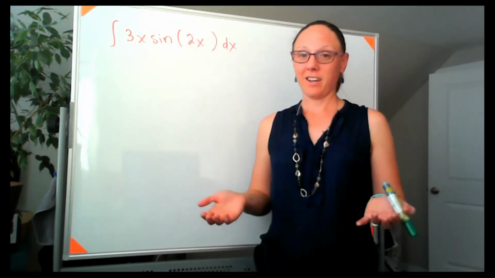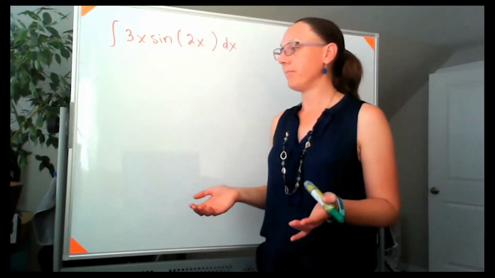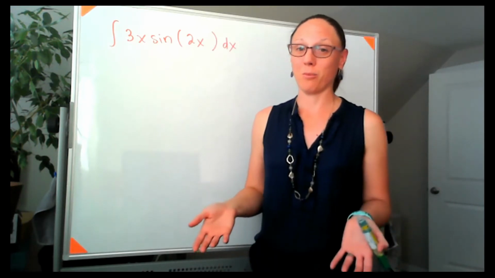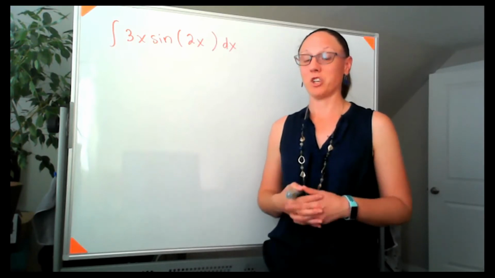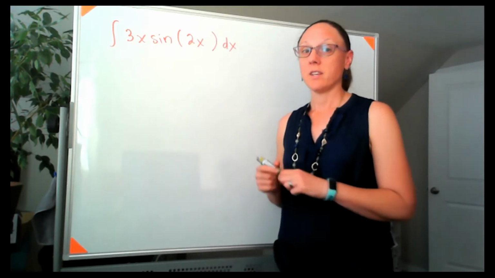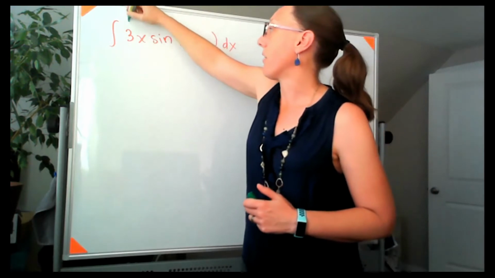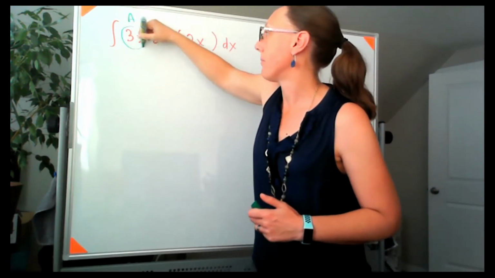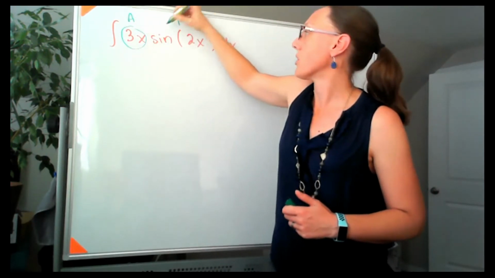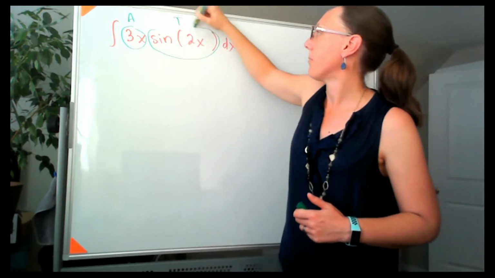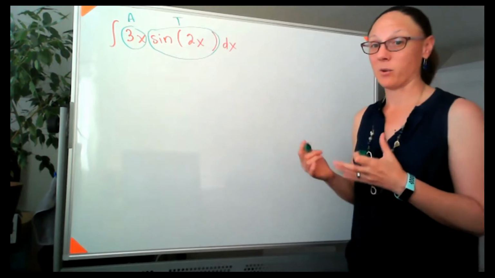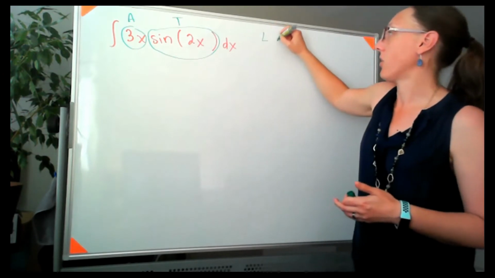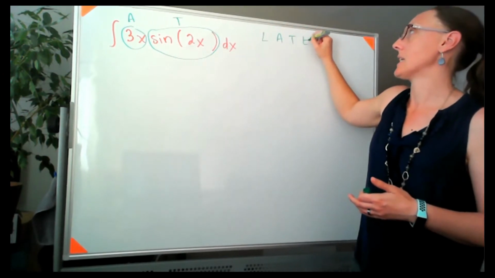If it's not a u substitution, especially in the context of this midterm, I'm thinking about integration by parts. I have a mixture of algebra and trig. I'm going to select which piece to let equal u by following the rule of LATE.